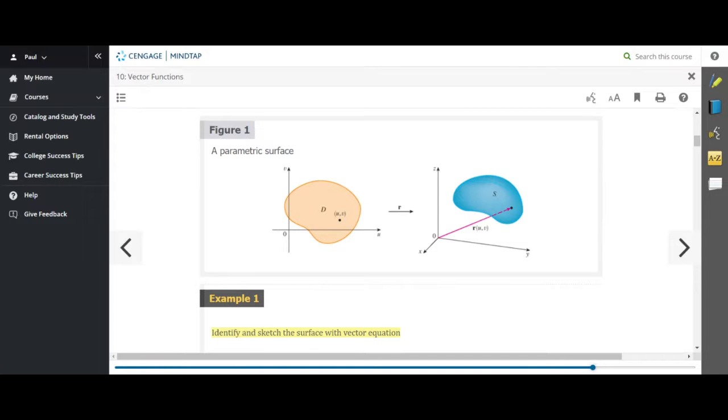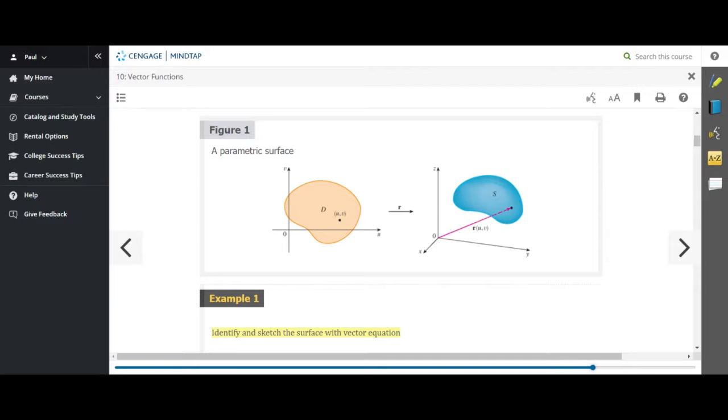Now imagine if you let u and v change throughout the domain that they show on the left in figure 1. That's going to correspond to different vectors, and you're essentially scribbling out a surface S in space. Think of taking a crayon.